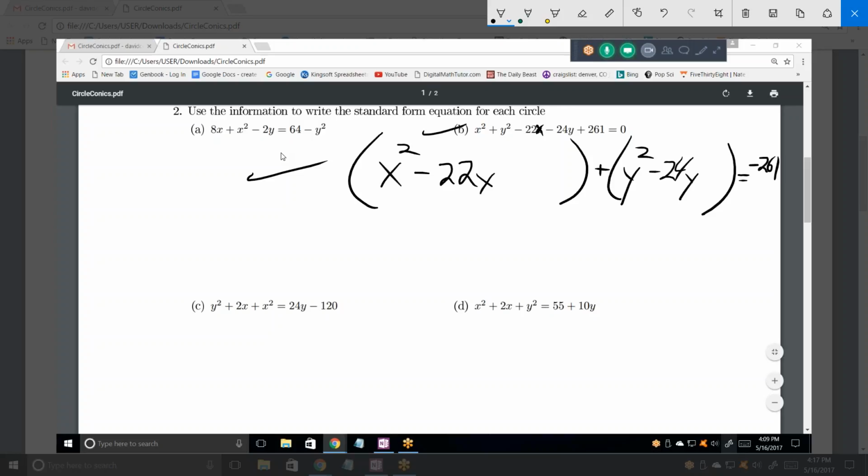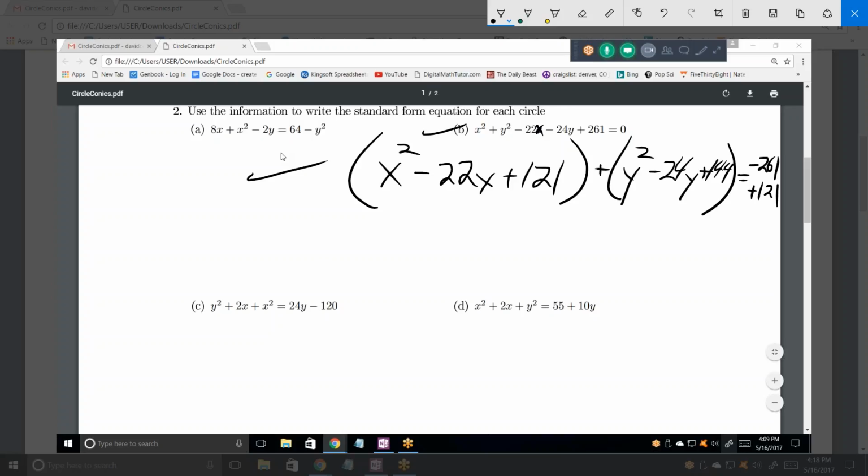Okay, so anyway, now we gotta complete the squares. Tell me how to complete the square. So you take 11 squared, which is 121. Yeah, you gotta add the 121 to negative 261, and then you gotta take negative 12 squared, which is 144.